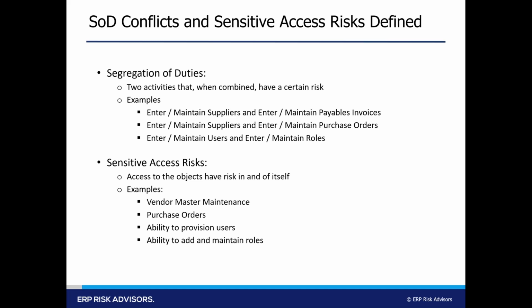For suppliers, we typically would think the high-risk areas would be name, address, bank account, and contact information. All of those things should be subject to workflow. So what you're going to want to do is evaluate the workflow for its completeness to make sure that it's addressing all the risks associated with that given business process. Like this first example: enter suppliers, enter and maintain payables invoices.